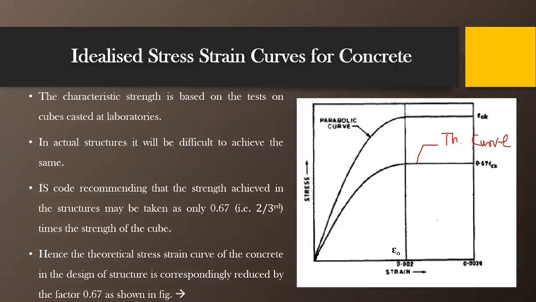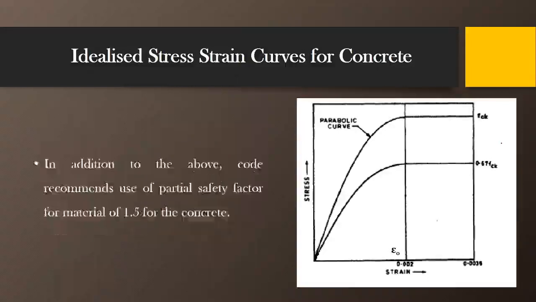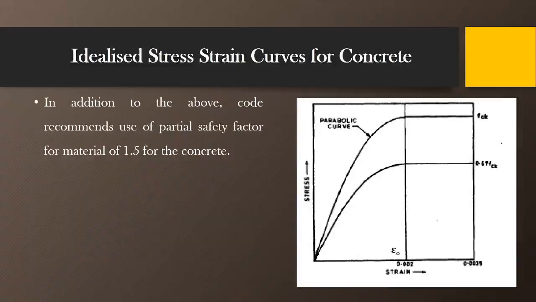Now again, as we know, we have to use the partial safety factors as recommended by the code. For concrete, we are taking the partial safety factor of 1.5. So again, this value of 0.67 times FCK we have to divide by the partial safety factor, that is 1.5.